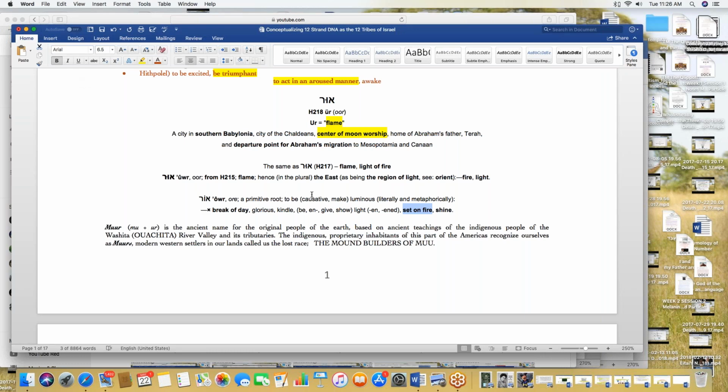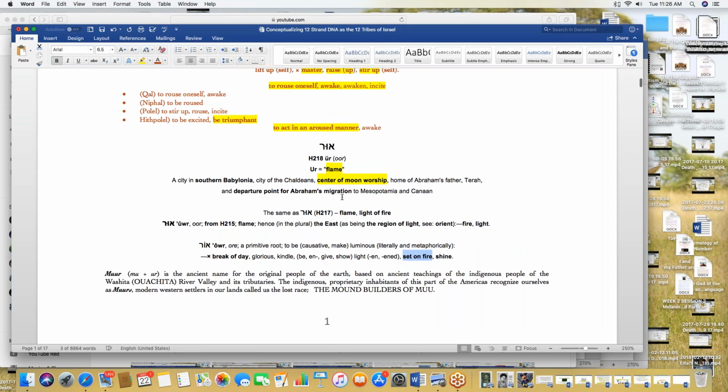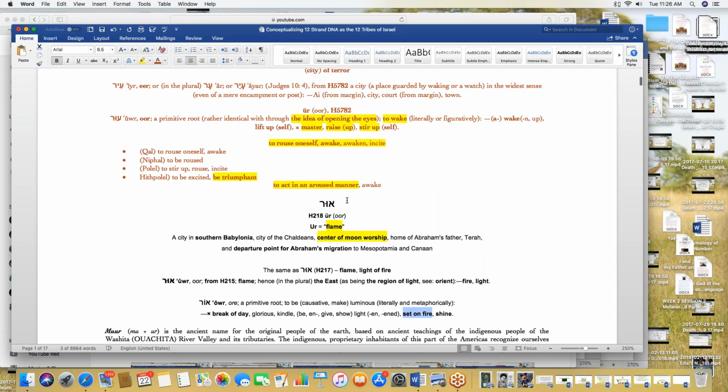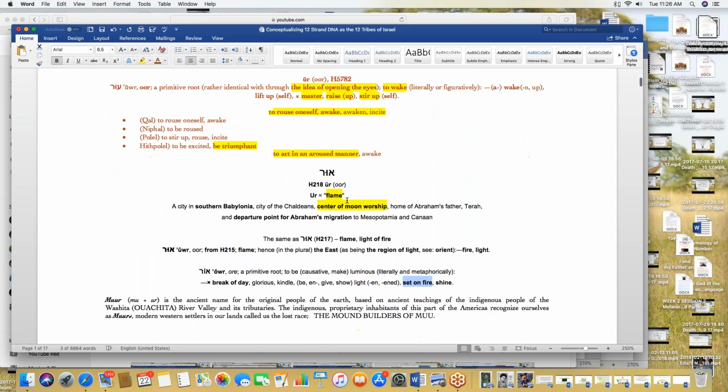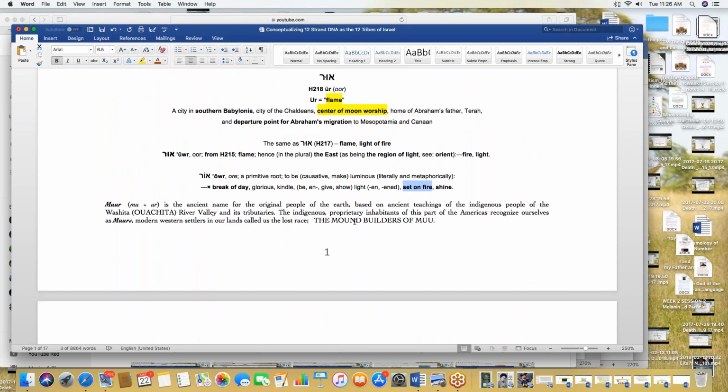See, fire, or the flame, the star people, the sun people. Mu is connected with the Atlantic Ocean. Am I right, Kalai? Lemuria. The Caribbean is connected to Atlantis, and the Ring of Fire is Lemuria.